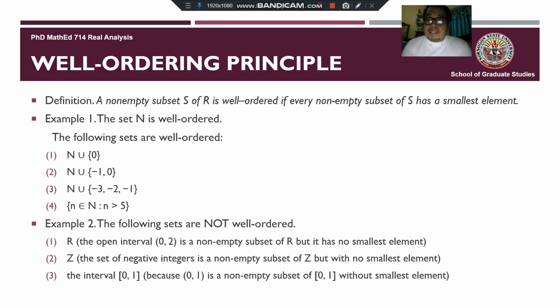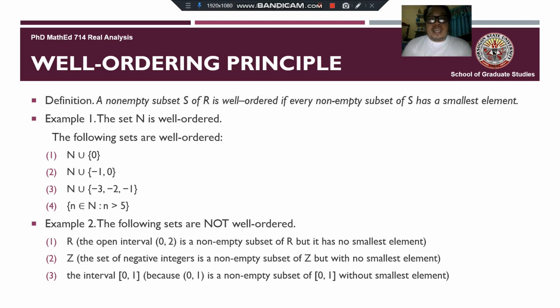So let's have an example. As stated, we have here the set of natural numbers. So it is considered well ordered. Why? Since we knew that the set of natural numbers is equal to the set of positive integers, which starts with 1 up to positive infinity.